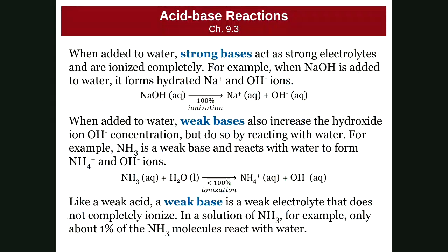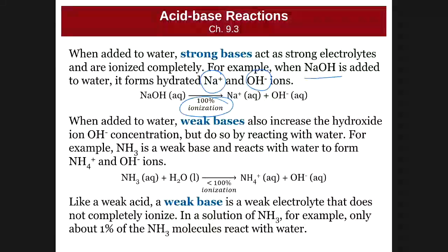So when added to water, strong bases act as strong electrolytes and they're ionized completely, just like strong acids. So sodium hydroxide, for example, forms hydrated sodium and hydroxide ions in water. And it's 100% ionization.